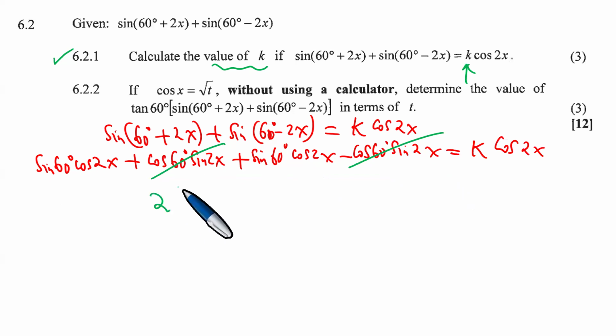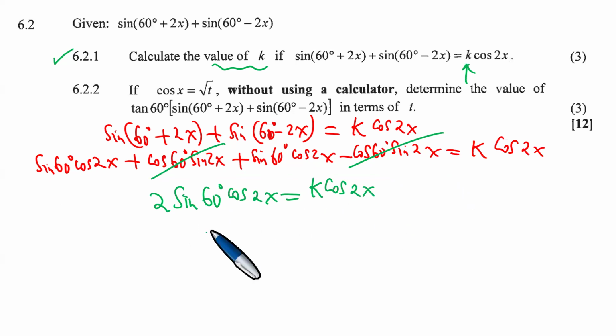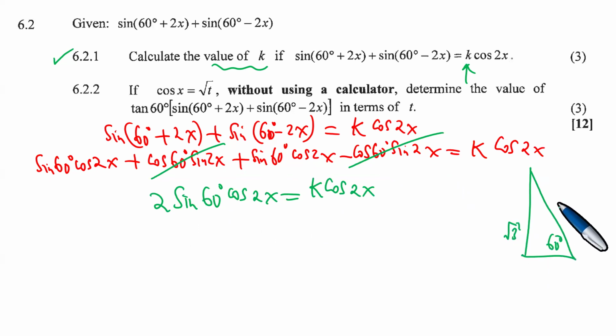And if we add them up, we have sine 60 cosine 2x times 2, and this is k cosine 2x. And I agree with you that at this point, if this is 60 degrees, the square root of 3 here, 2, 1, the sine of 60 is in view of SOHCAHTOA opposite over hypotenuse.